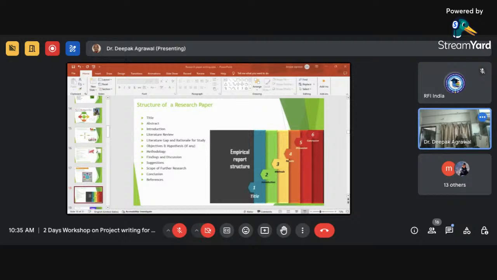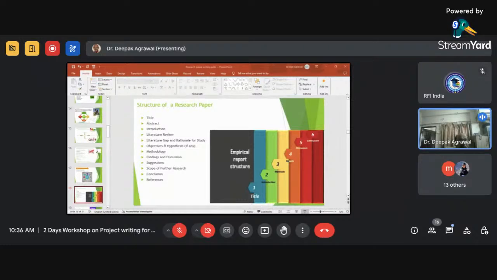Then abstract. This is the second step involved in developing a research paper. It will be followed by writing the introduction. Again, flow, length, paragraphs, all these things. Literature review is an important element in such a way that it provides you an idea about what other authors have done on the particular topic.